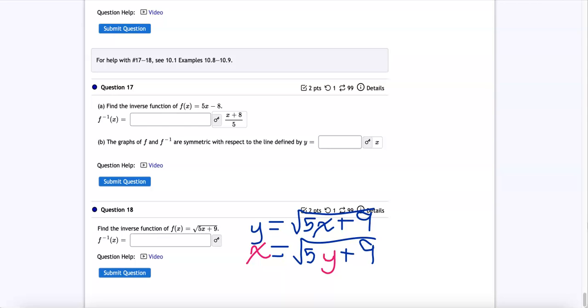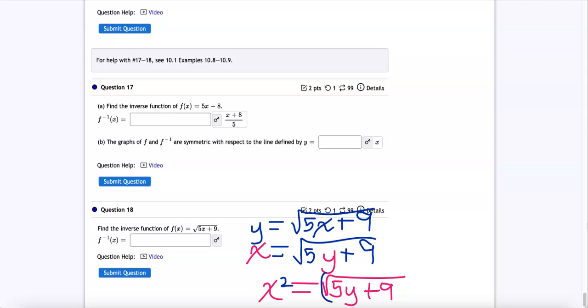My writing just got deleted again, so I'm hesitant to pause the video if it's going to keep deleting the writing that I have here. Anyway, what you should be seeing is x is equal to the square root of 5y plus 9, and we need to square both sides. So if you square both sides, you'll have an x squared here on the left.